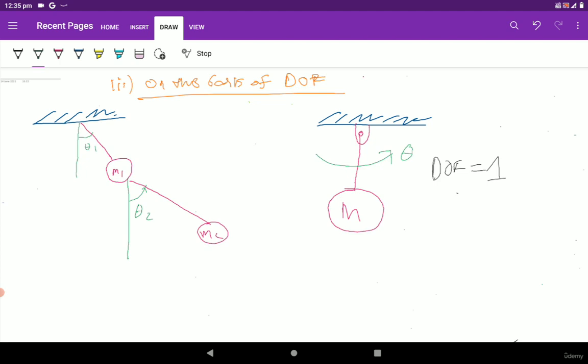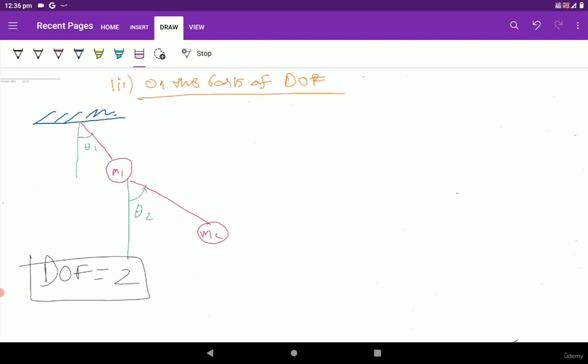Now let's see a few more examples. Now consider there are two trolleys attached by one spring.